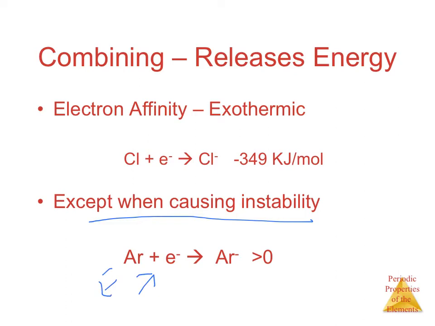If you think about taking a noble gas and forcing it to take on an electron, it's very difficult to do. It doesn't want to. It's going to become far less stable, so that is when it becomes endothermic. It requires you to put some energy in to make that happen. It's not a natural process. It's not spontaneous.